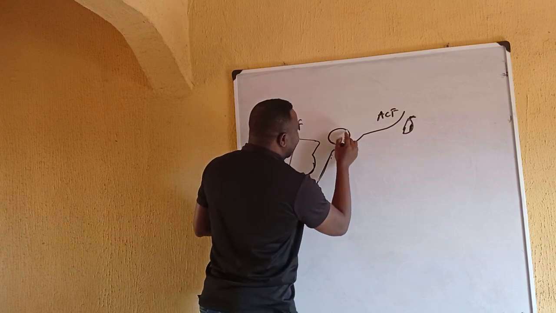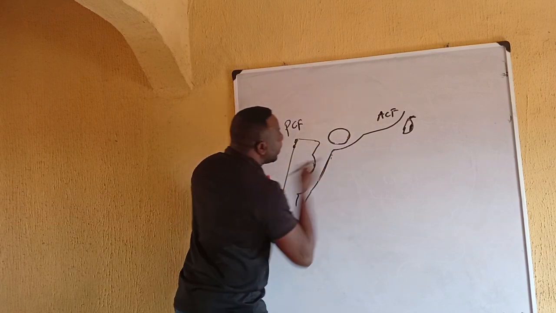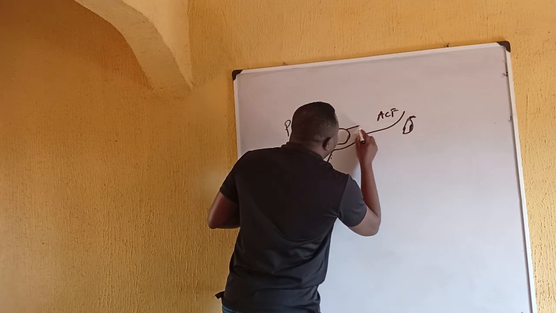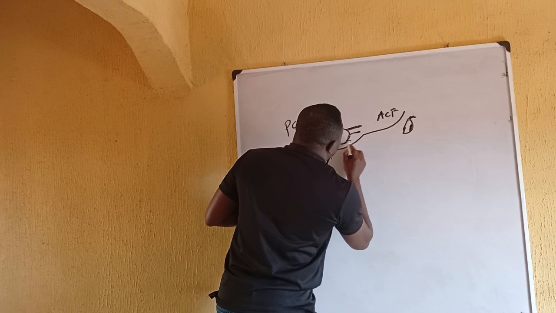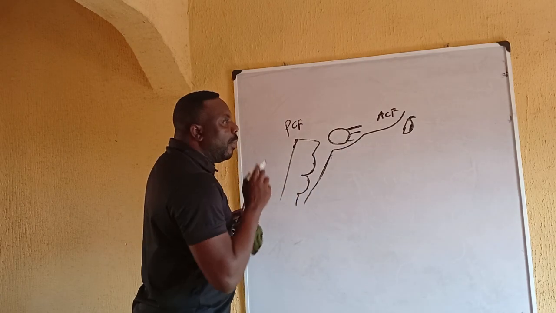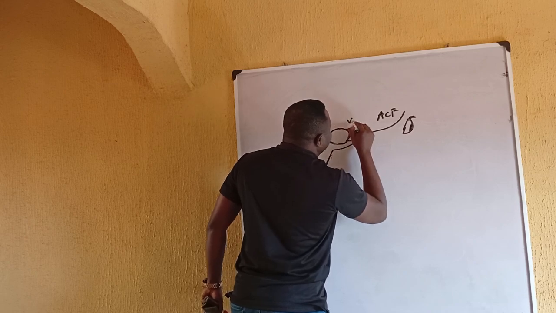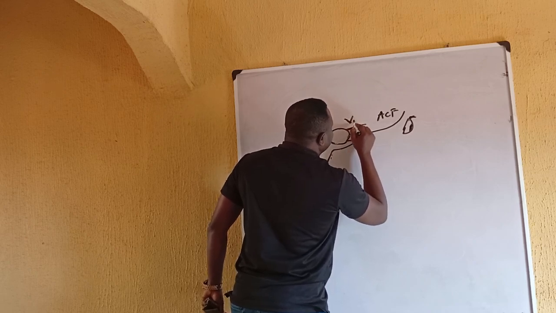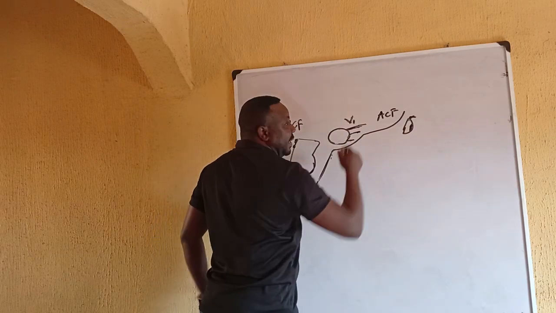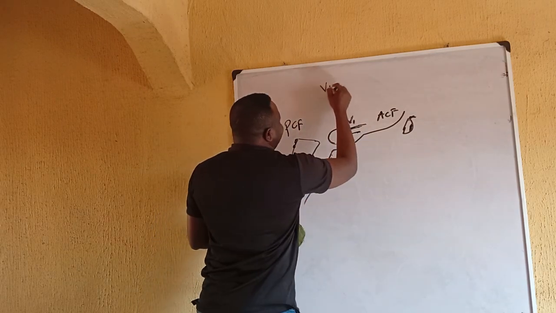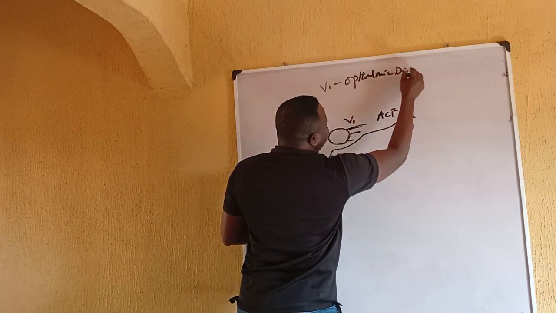Now, the ganglion actually gives rise to three divisions. This is the first division, this is the second division, and this is the third division. Now, the first division is actually known as V1. And V1 represents the ophthalmic division. V1 is the ophthalmic division.